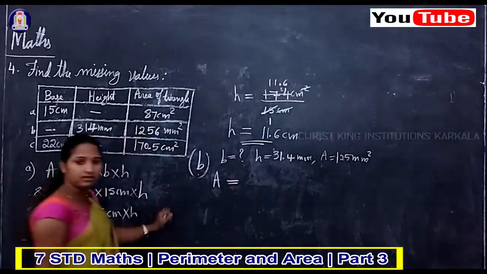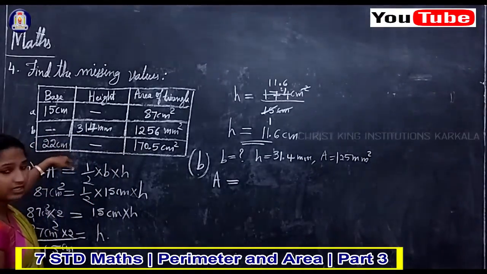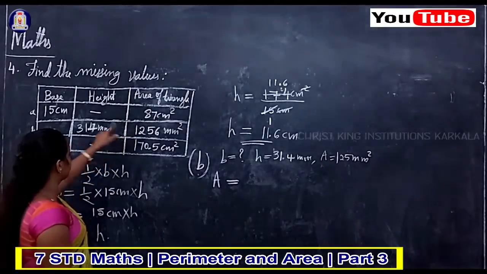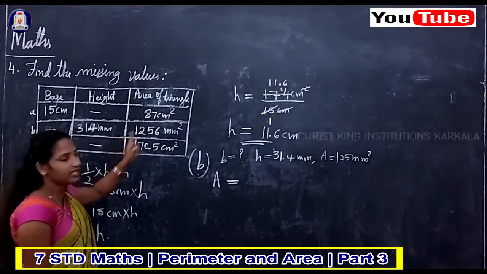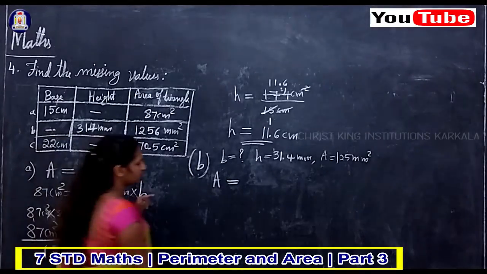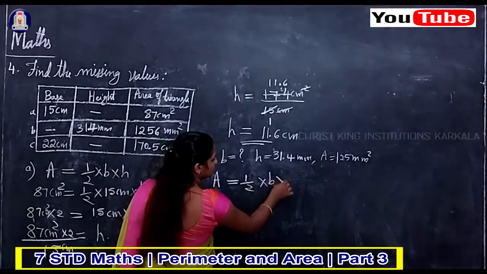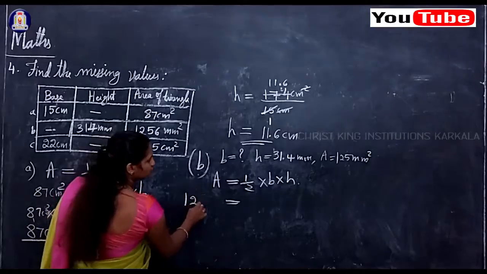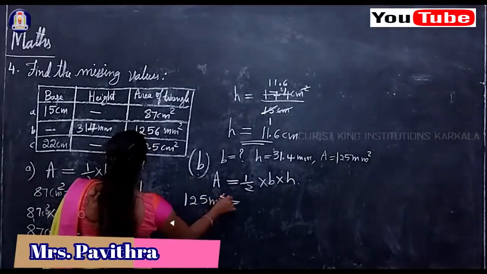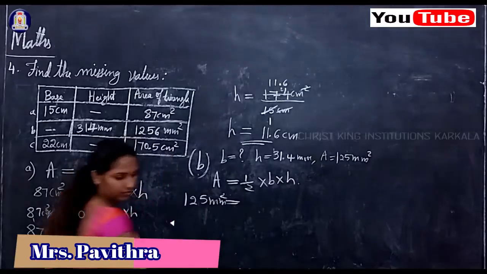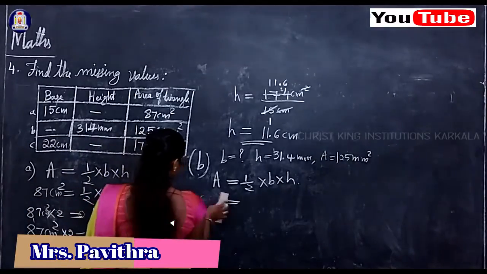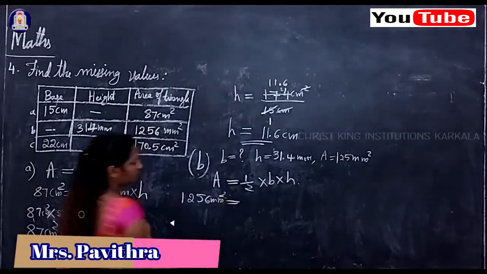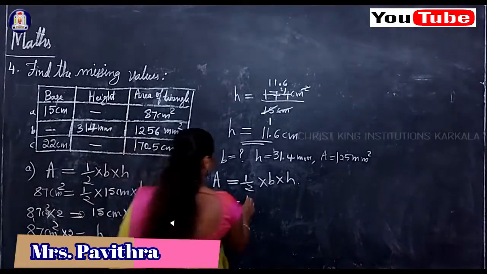This is the triangle. So we are finding the missing values of a triangle. Clear? Understood? So base is not given, height is given, area is given. So we can use this formula, half into base into height. In this, area is given, 1256 millimeter square, is equal to half into base.